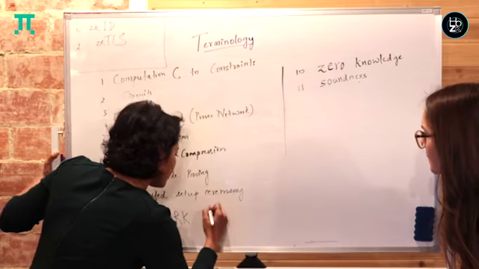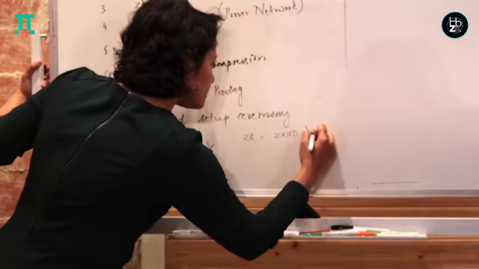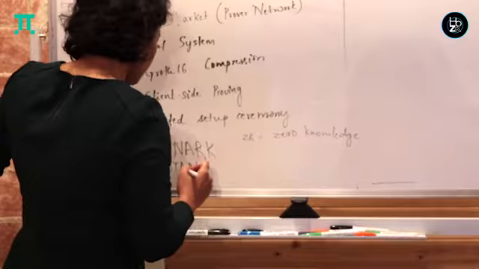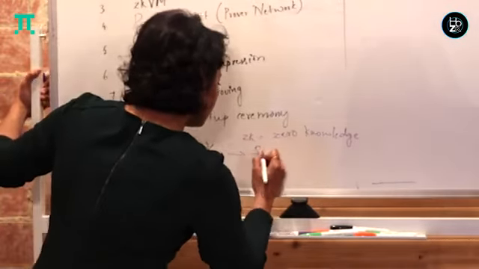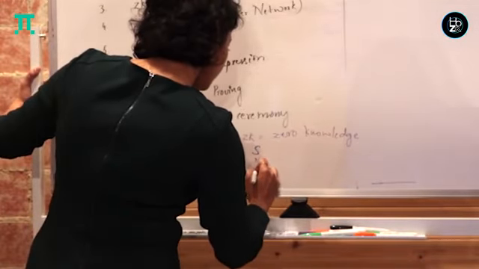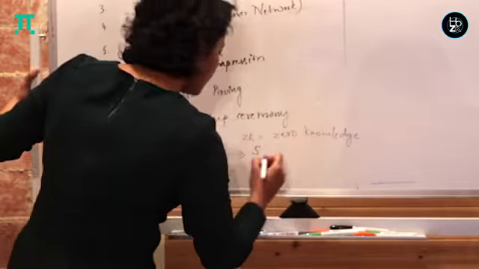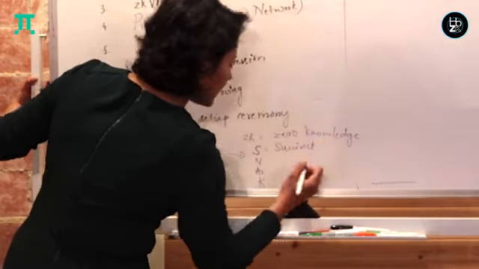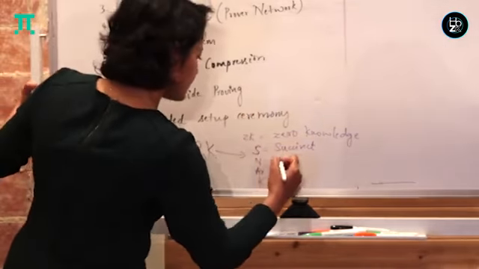So ZK stands for, as we know, zero knowledge. And let's go for SNARK. S is for succinct. It says that your proof is small. N is for non-interactive.